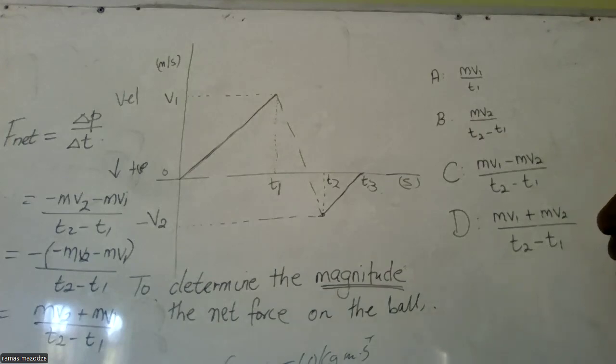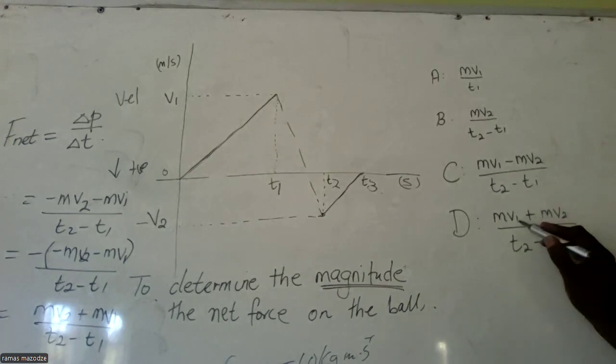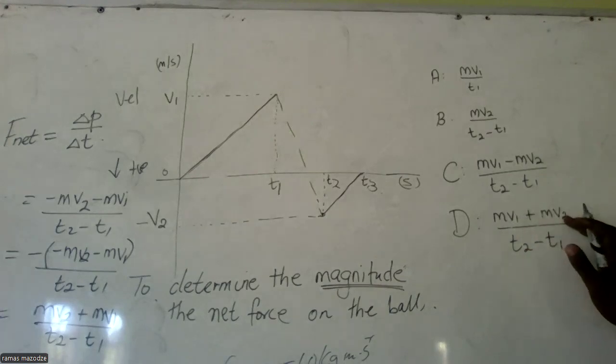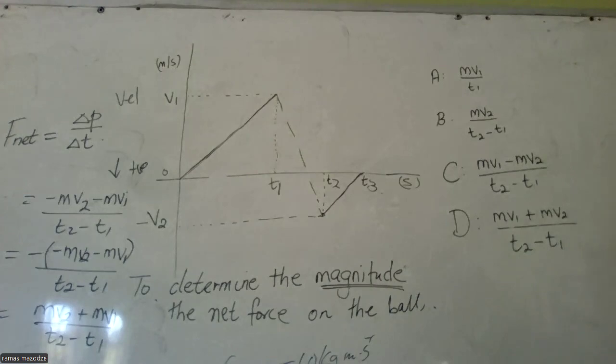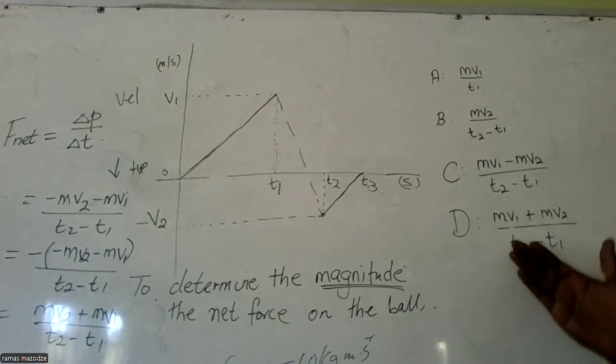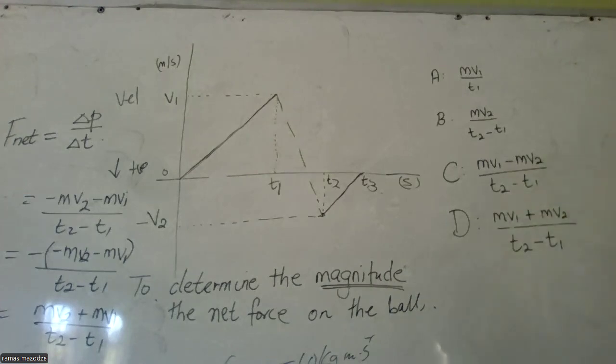I hope that helps. And so the best answer here would be mv2 plus mv1, although they wrote it as mv1 plus mv2. You know, a plus b is the same as b plus a. That's the only thing that some learners will say, that there's no correct answer there.